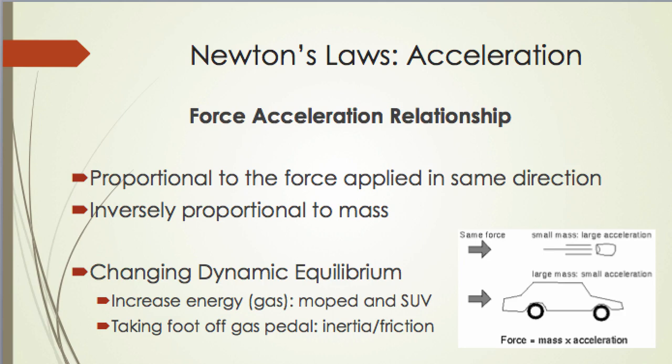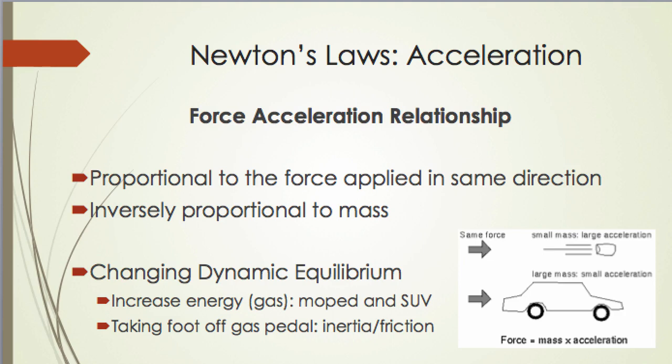When we want to change dynamic equilibrium, say we're driving down the freeway at 60 miles per hour, and we want to speed up, we're going to have to increase our energy, right? If we look at the difference between a moped and an SUV, we're going to require less energy to change our dynamic equilibrium with the moped, and more energy for the SUV.